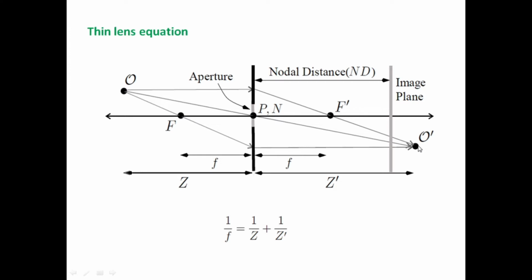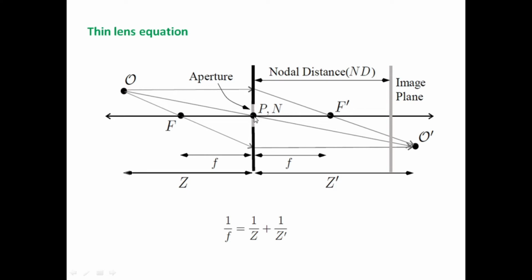According to this diagram, O dash is the intersection of three rays. Now there will be a ray from this O vector through n.